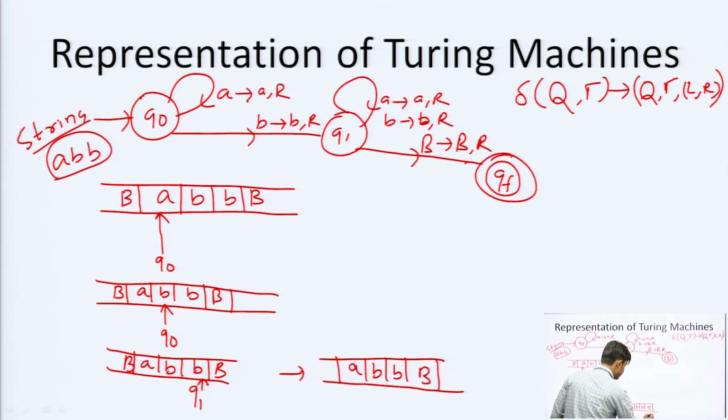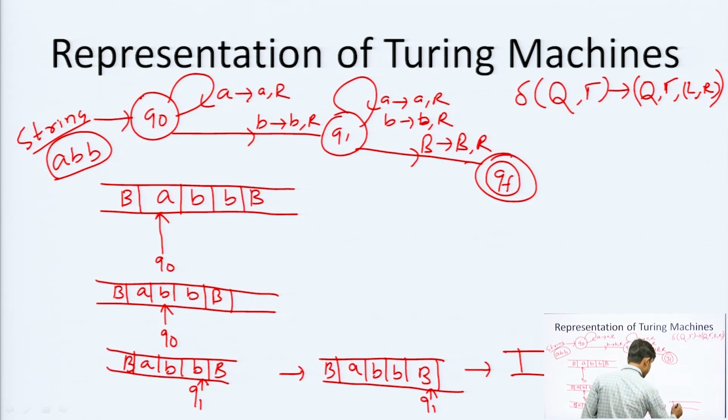Now Q1 points to blank, and when Q1 points to blank, we go to the final state. Here it is the same thing, both sides will be blank. So you can write this is A, B and B, and this is also blank, and here is the final state QF.